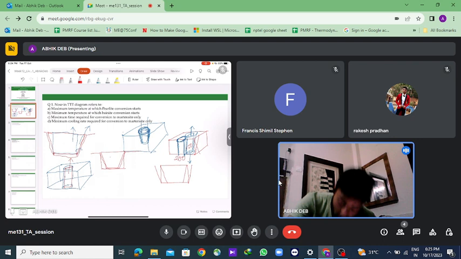If the core is taken out from the bottom, because it is hollow, the core can be taken out from the bottom as well. In that case, the draft will have to be provided like this to facilitate the removal. That's what I'm saying. So you have to know, or make an assumption, from which direction the core is to be taken out.